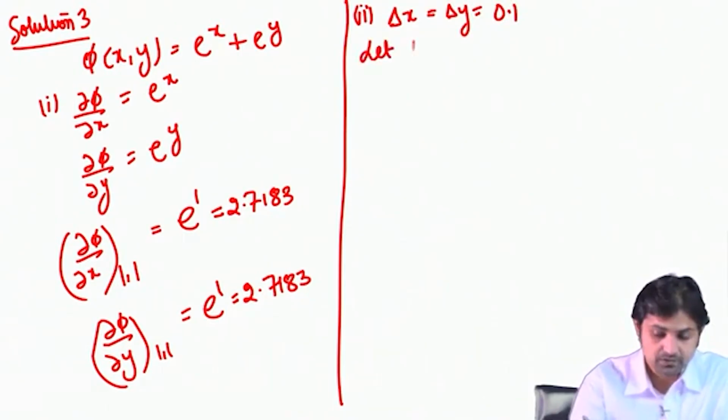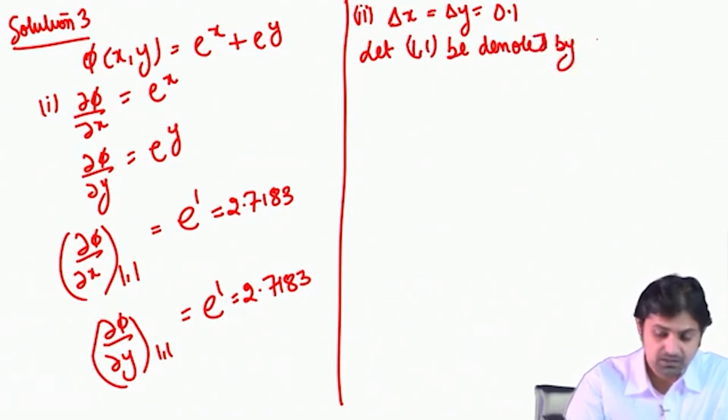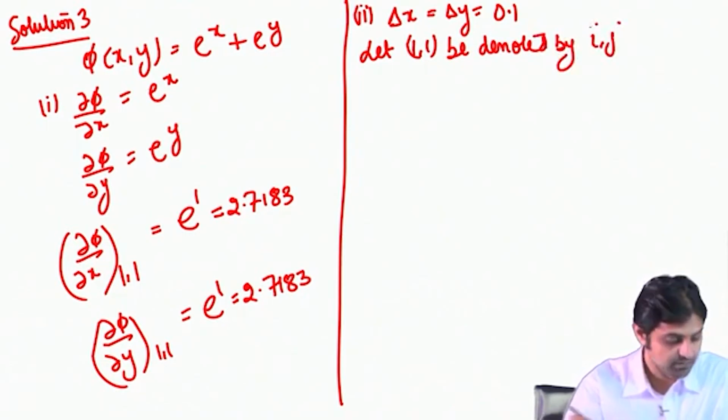This is what we have to assume. Let 1 comma 1 be denoted by i comma j.